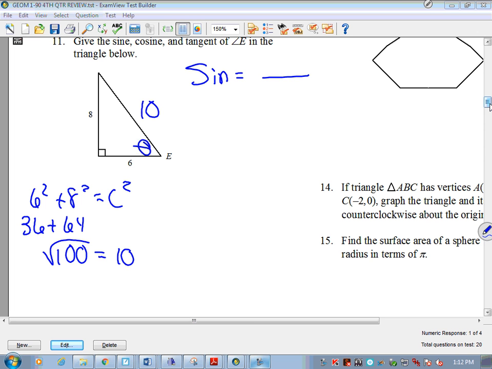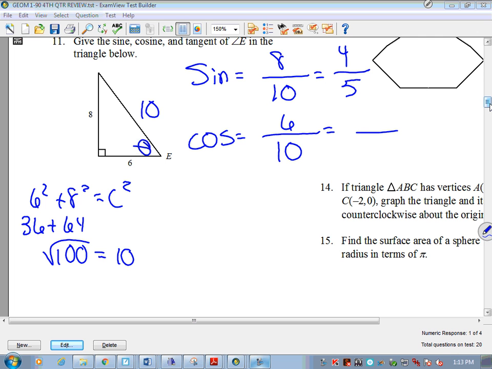Opposite over hypotenuse. What is opposite of angle E? 8. What is hypotenuse? 10. What's that reduced to? 4/5. Cosine is what over what? What is adjacent in this case? 6. What is hypotenuse? 10. What does that reduce to? 3/5. All right. Tangent.